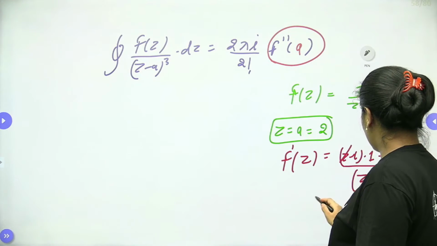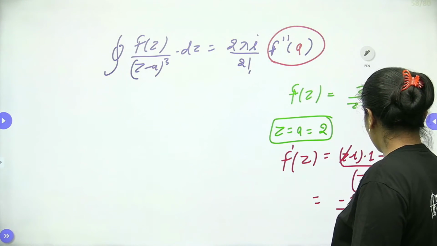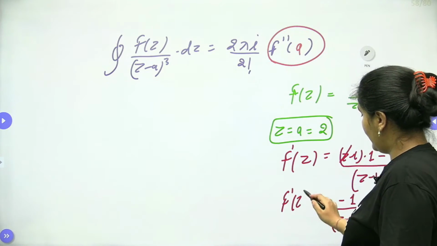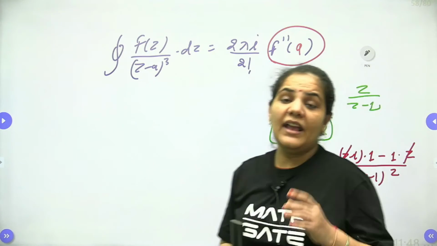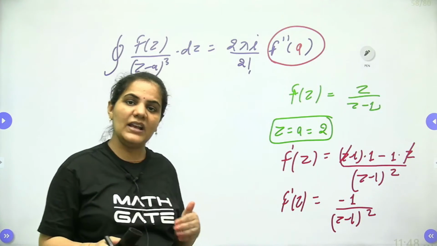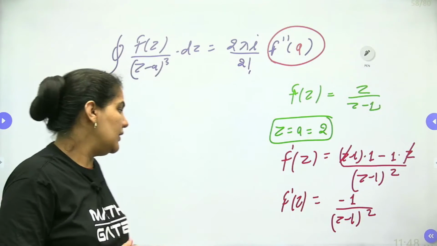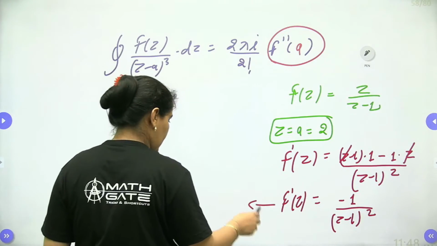The z and z cancel out, and the result will be minus 1 by (z minus 1) whole square. We have to find one more derivative, because we need f double dash a, so we should have f double dash z first. Let's differentiate one more time.